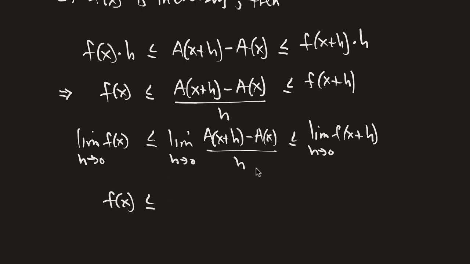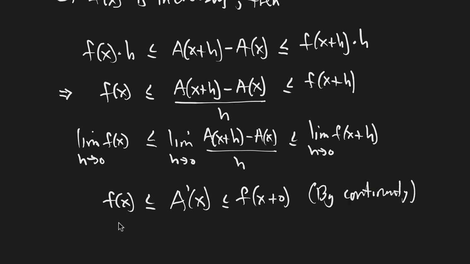And then we have our derivative in the middle. And then what about this one? Well, here we would have to plug h equals 0 in, and then we would have f of x plus 0. And we can do this because f is continuous. That's the definition of continuity, right? So this is by continuity.